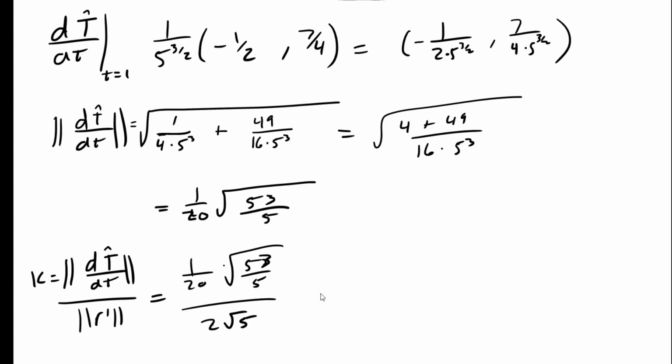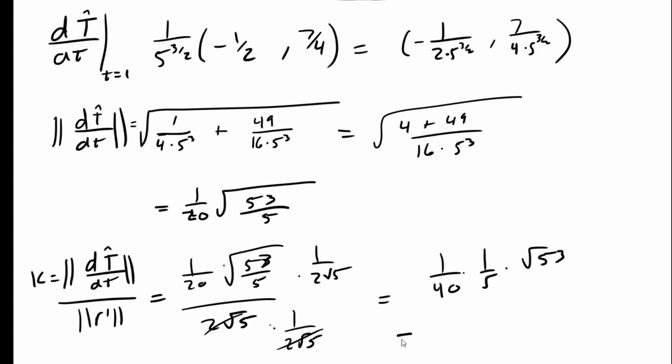If I simplify this, this is going to be multiplied by 1/2√5 times 1/2√5. It's 1/40 times 1/5 times root 53. What is that? That's root 53/200.